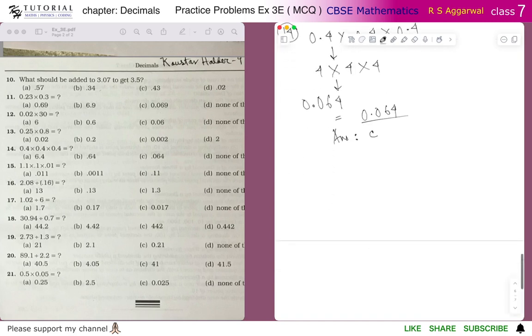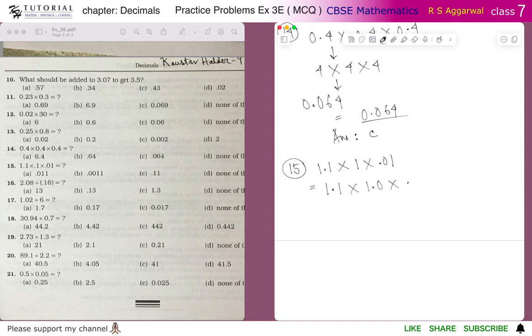Okay, let's do problem number 15. It is asking to multiply 1.1 into 1 into 0.01. So it is a multiplication of two decimal numbers with a whole number. Whole numbers can always be written in decimal form as 1.0.